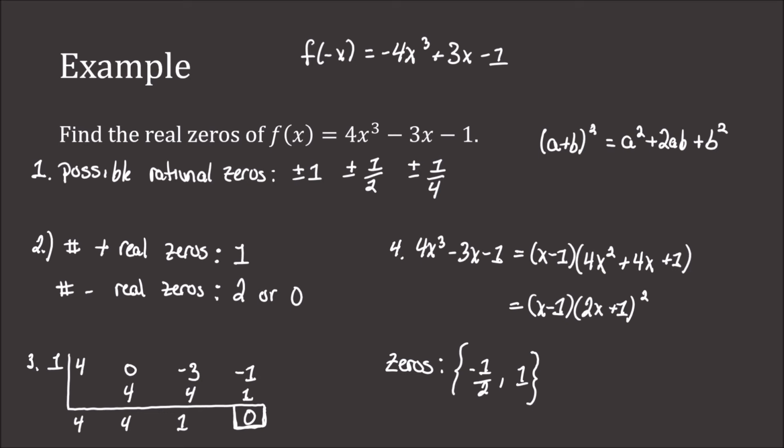I thought we were supposed to have either 2 negative real zeros or no negative real zeros. Right, from right here. You only listed 1. Well, this is not a violation of Descartes' rule of signs, because this negative 1/2 actually has a multiplicity of 2. So it actually appears twice. However, we're only going to list it once. So we actually do have 2 negative real zeros. It just so happens that negative 1/2 occurs 2 times.